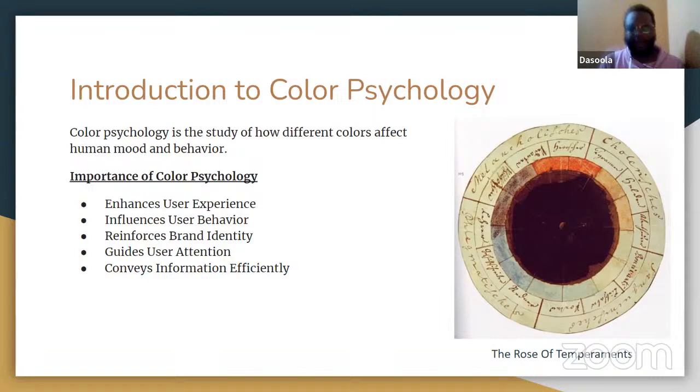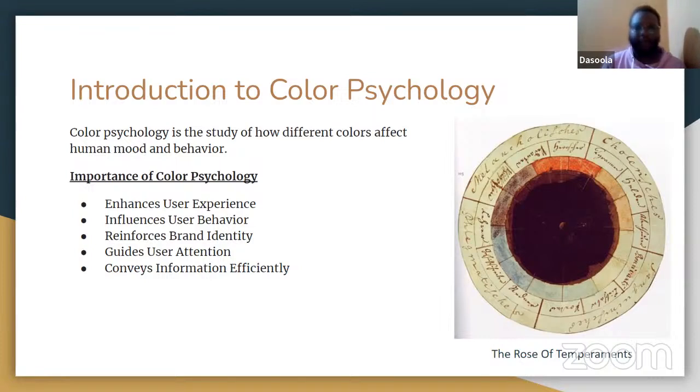By using a very specific color repeatedly, it basically teaches your users, reinforcing that belief in their head that, oh, this color can be associated with this particular brand. So by using it in a proportional way and in the appropriate places, you can reinforce your brand identity using color psychology.